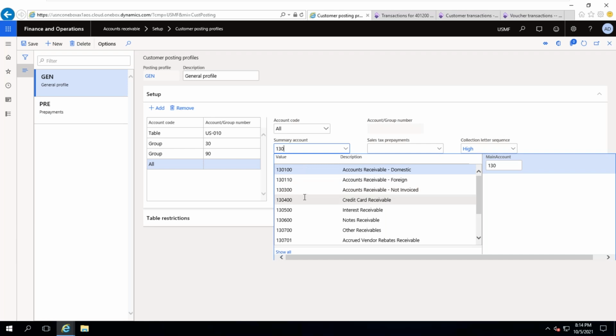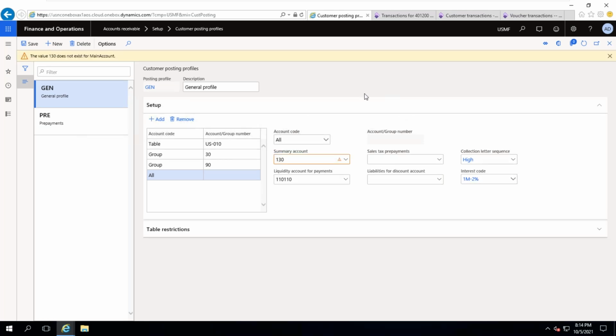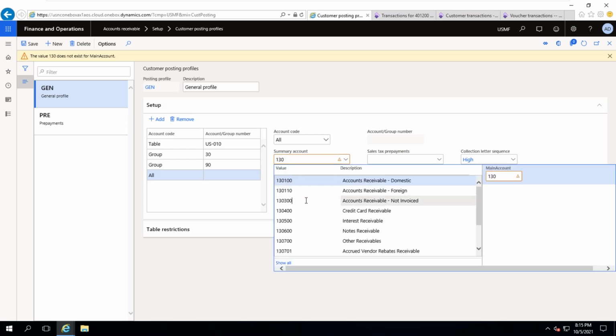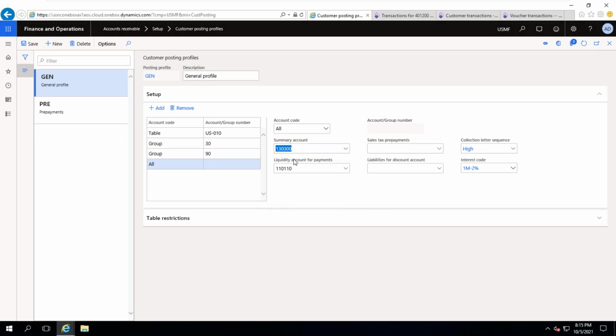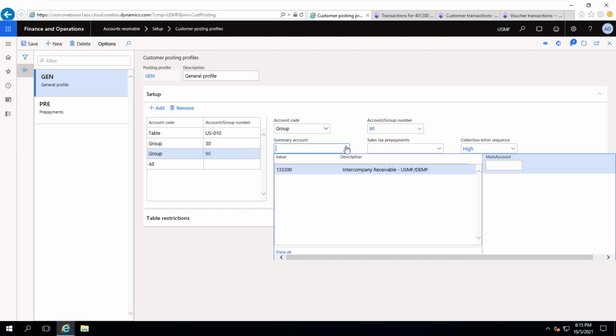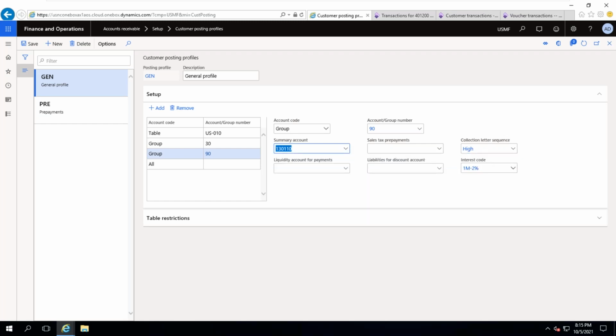No. See, I will tell you. That is not the correct way. Here, one second, let me map this one first. So this one is mapped with 130-100. This one is mapped with, suppose, let me map. What we are doing, look at this one.